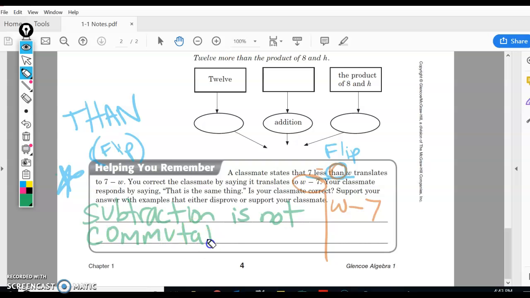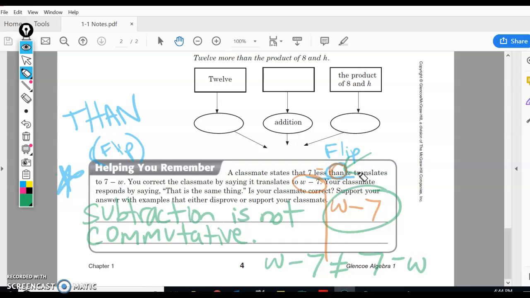You've heard of the commutative property. It says that if you change the order of two terms in a subtraction expression, they are not equivalent. So w minus 7 is not equal to 7 minus w. This is your only answer, all because of the word than.